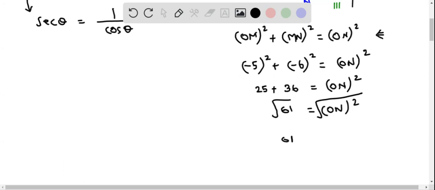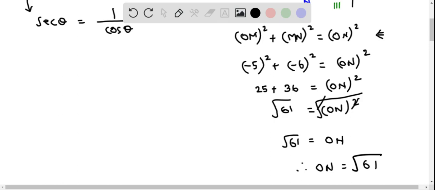So on the left side we have square root of 61, and on the right side we have the square root as well as this power of 2 will get cancelled. So we get ON equals square root of 61.